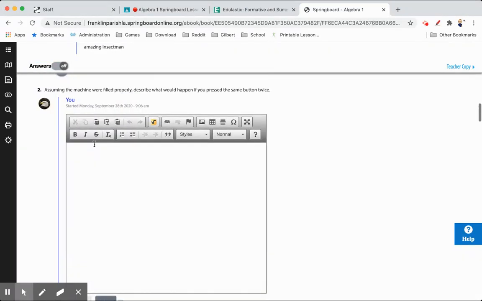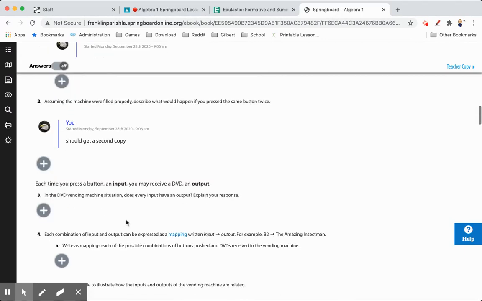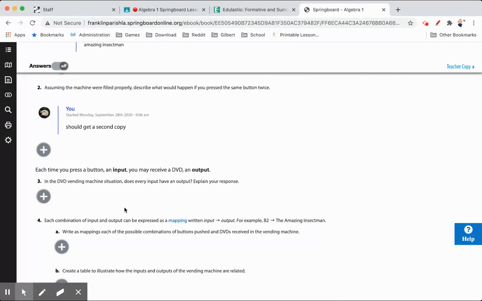Should get a second copy. Each time you press a button, an input, you may receive a DVD, which is an output. Now they're trying to get you to think of it in these terms, input and output. What you put in is what you get out.